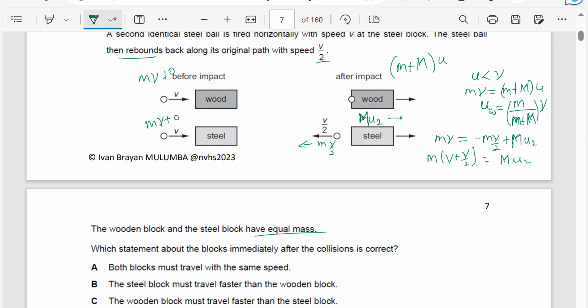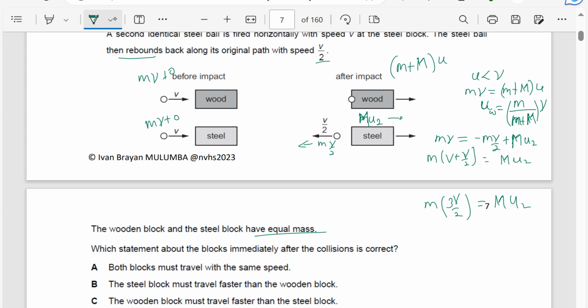When I add v plus v over 2, that is 3v over 2, so m times 3v over 2 is equal to capital M times u2.